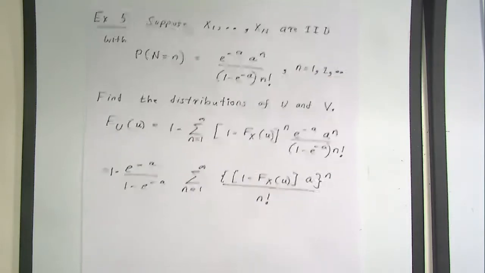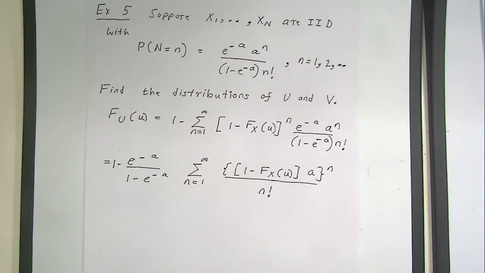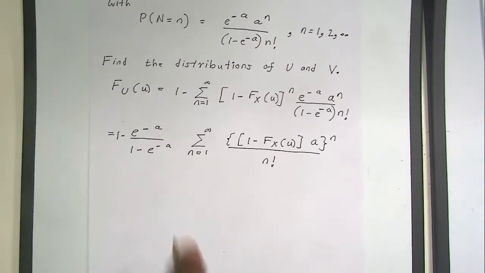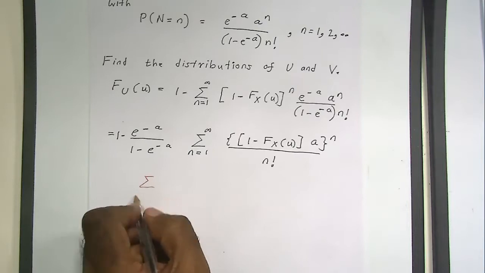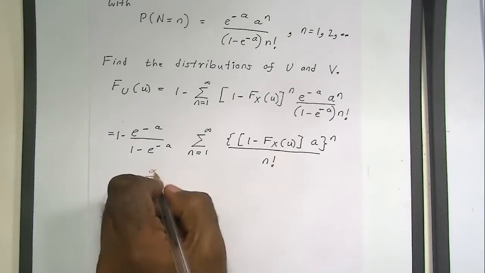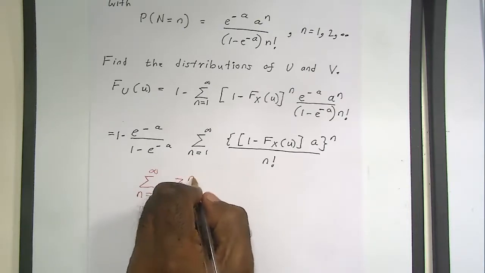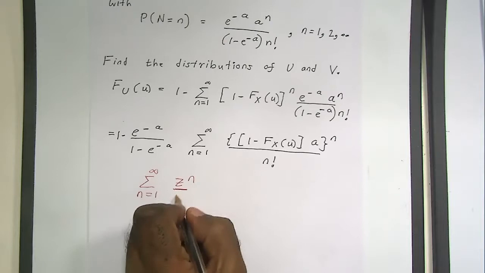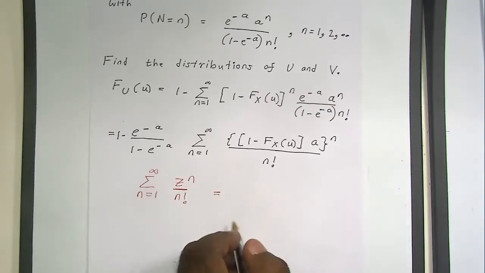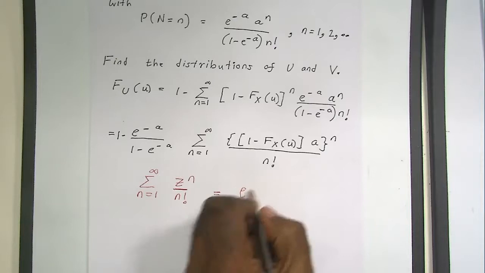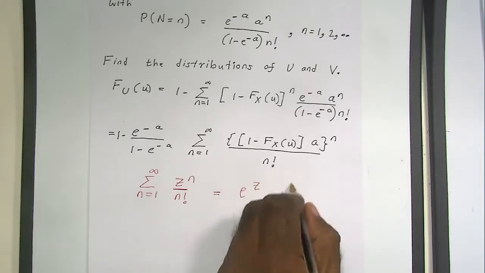Now there is a result. I'm sure some of you may know this: if you have the sum from n equal to 1 to infinity of z to the power n divided by n factorial, this is equal to e to the z minus 1.